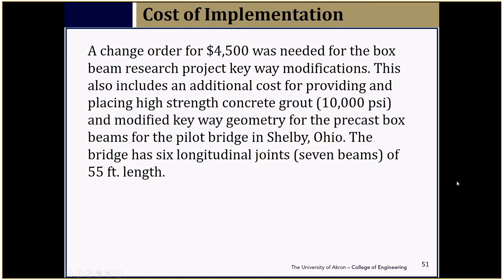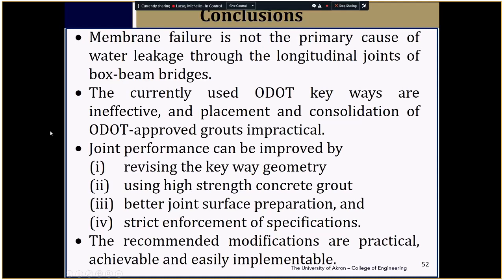So in conclusion, what we found was that membrane failure is not necessarily the culprit. So we came up with different options. Unfortunately, ODOT's current practices, particularly the width of the keyway joint, are very restrictive, and also the grout performance is questionable.